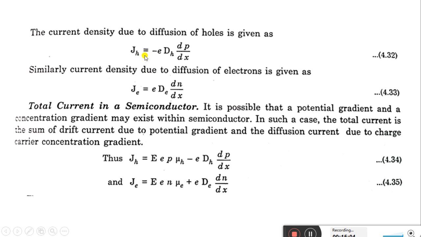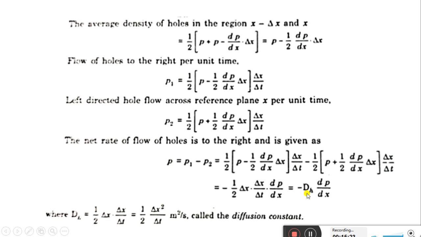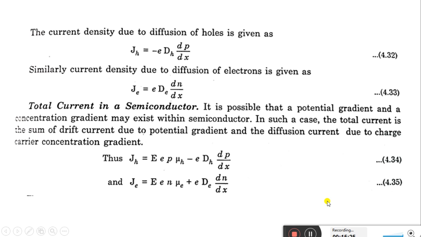If you multiply by charge E, which may be positive or negative, but here since we are taking holes, this E will be positive. So if you multiply this E with the value obtained here, DH dp by dx, we can write the current density due to the diffusion of holes, denoted by JH, equals minus E DH dp by dx. This is the current density due to the diffusion of holes.